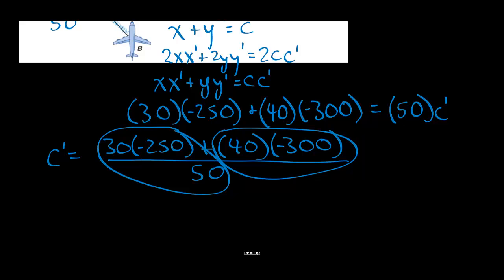So 50 will go into 250 five times, so we've got 30 times 5, and I'll put the negative out here. Then over here, let me put the negative out here again, 40. 300 divided by 50 will go 6 times. So there we go, 6 like that.